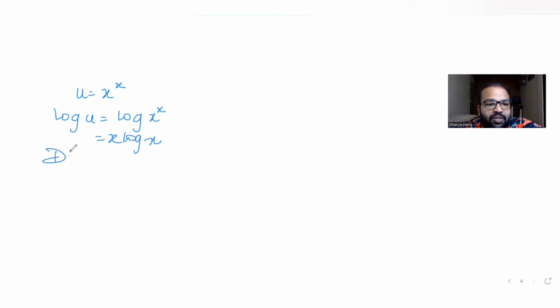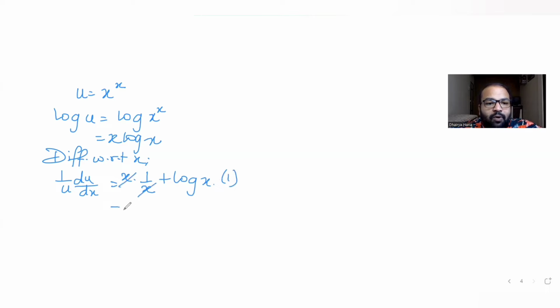Now if I differentiate it with respect to x, the derivative of log u is 1 upon u du by dx. Here it is a product of two functions, so I can use the idea: first times derivative of second, that is x into 1 by x, plus log x into derivative of x, that is 1. So this gets cancelled, and what you get is 1 plus log x.